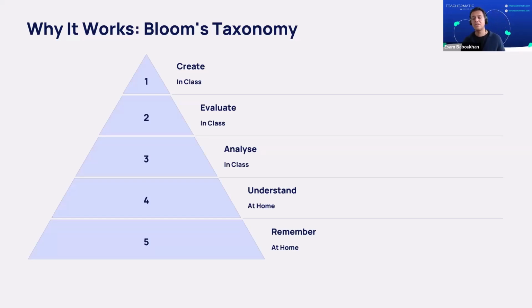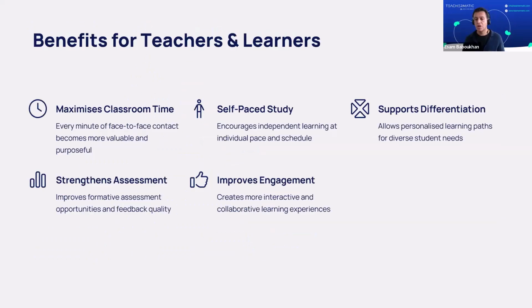So this makes face-to-face teaching more impactful and frees time for more collaboration and feedback. So this approach benefits both sides. Learners work at their own pace and become more independent, and teachers can focus on stretching and supporting students rather than delivering content. It's more engaging, more personalized, and ultimately more effective.